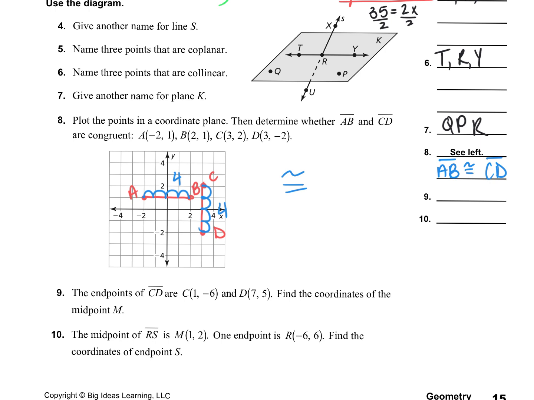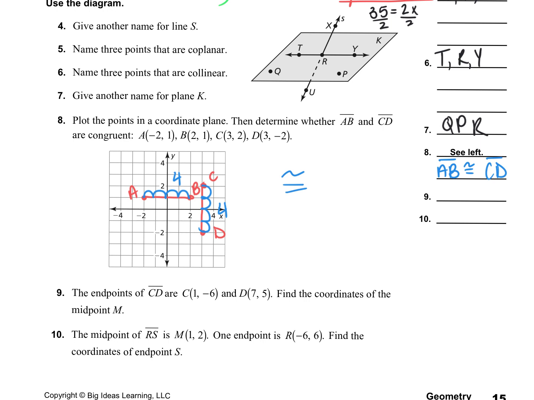All right, looking at number 9. It says the endpoints of CD are C(1, -6) and D(7, 5). Find the coordinates for the midpoint. What do I have to use in order to solve this? I have to use my midpoint formula.